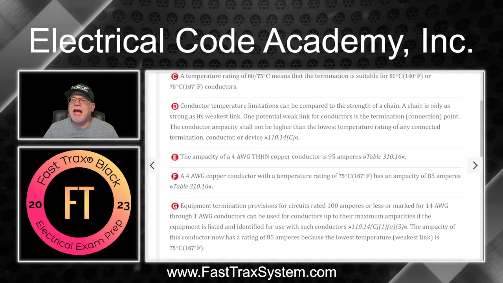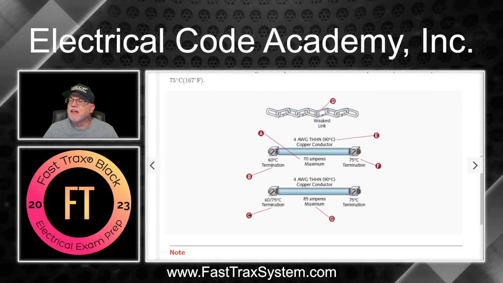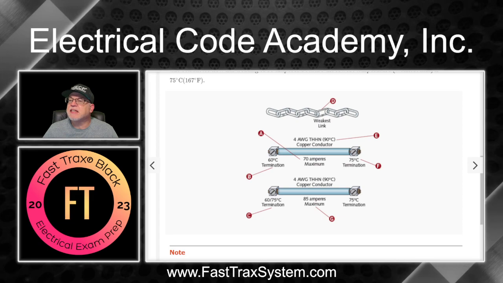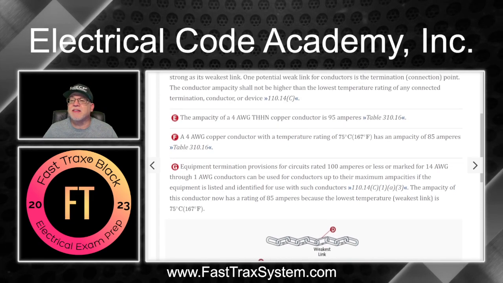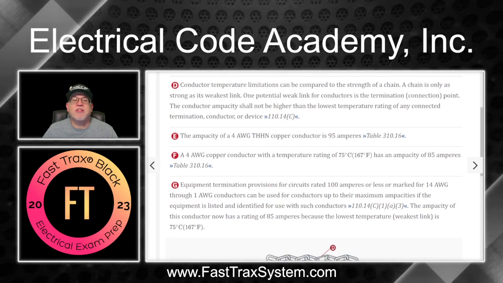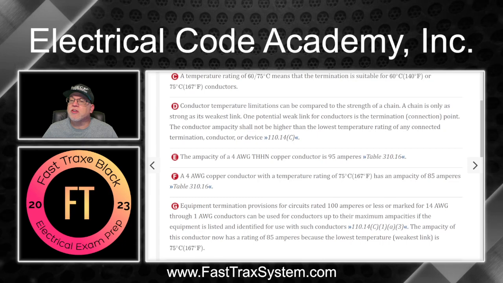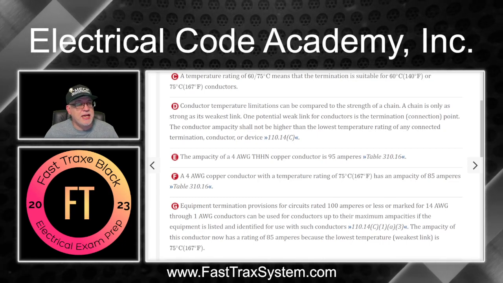Next, we want to look at D. Now, D is illustrating a weak link, so it's going to talk about an example here. So look, D says conductors' temperature limitations can be compared to the strength of a chain.